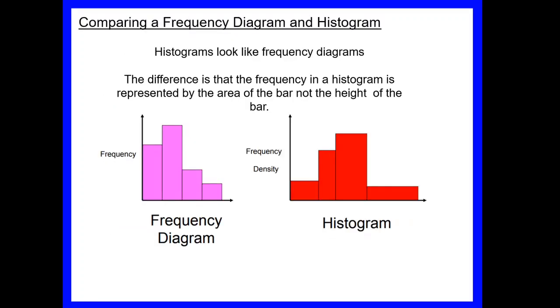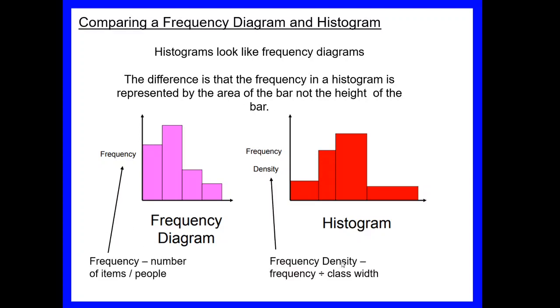Okay, so today we're going to have a look at histograms. Histograms look like frequency diagrams. The main difference is that on our histogram, the frequency is represented by the area of the bar and not the height of the bar. We've got a frequency diagram here, and on our vertical axis we plot frequency, being the number of items, people, things that we are drawing our data on.